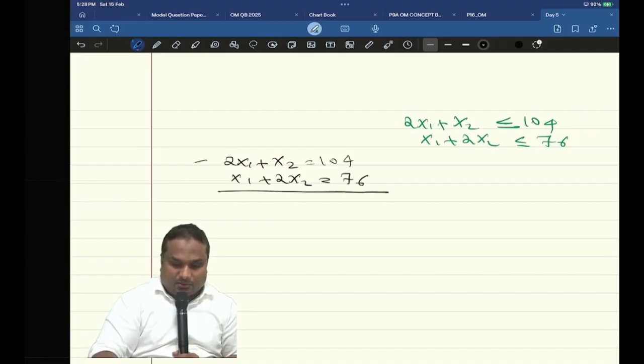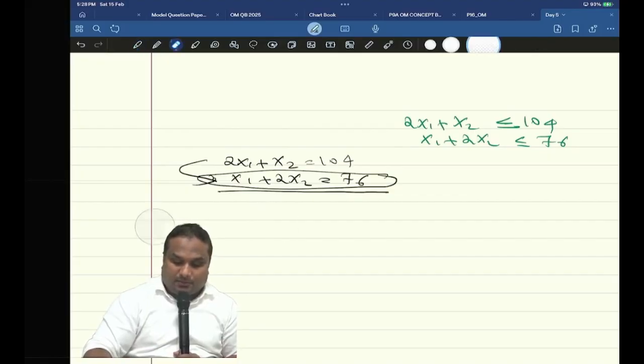Now we cross multiply. The second equation you multiply by 2.